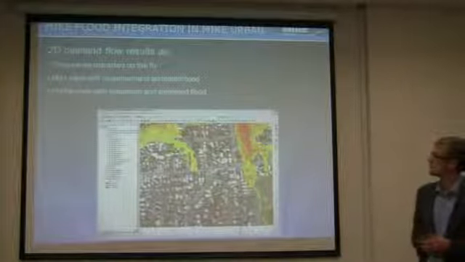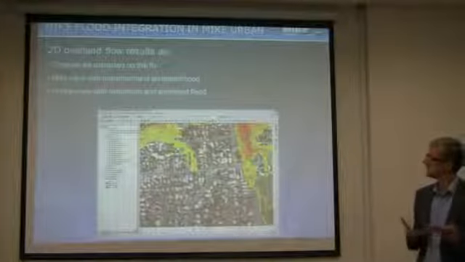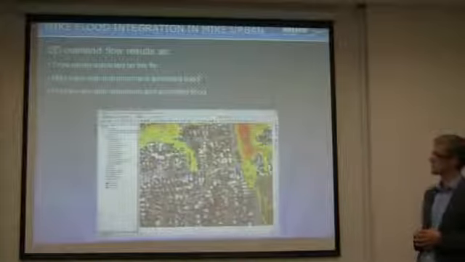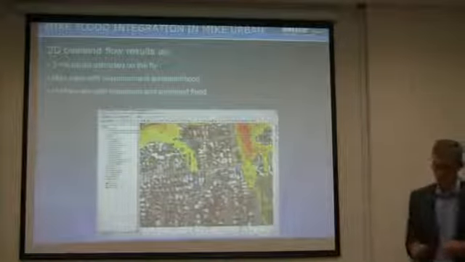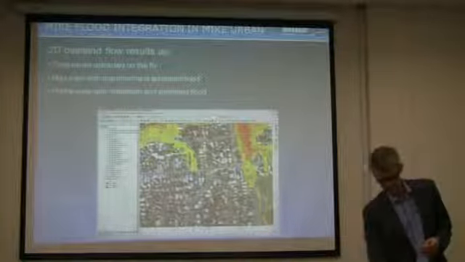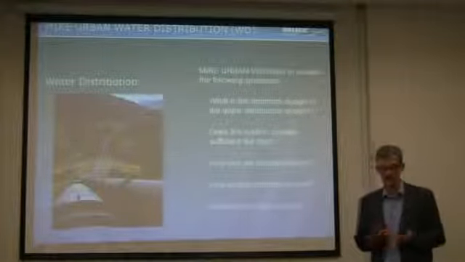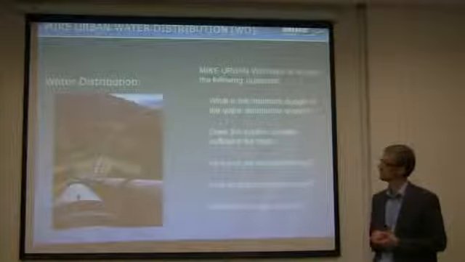This is also one of the very useful outputs from an urban flooding simulation like we see here. So that's a combination of the collection system and the surface model. So we have a flood component there.